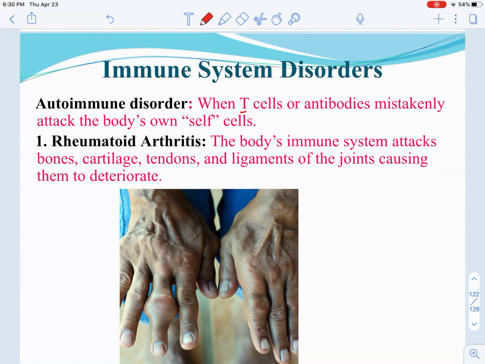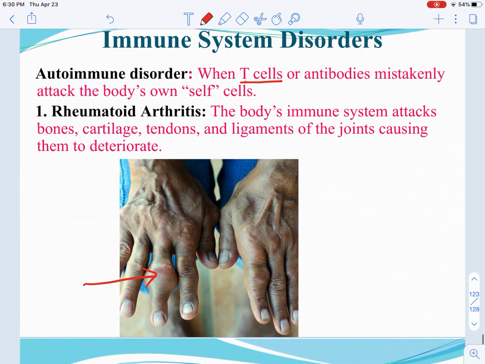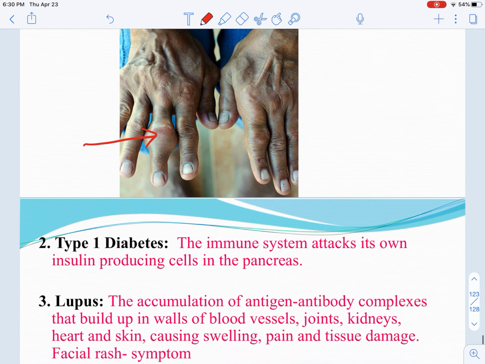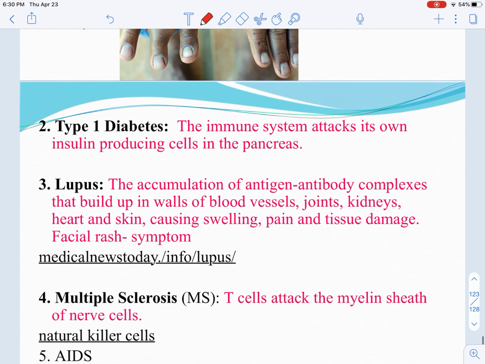So last portion here, we're going to move on to immune system disorders and wrap up our unit here. We've just got a few to talk about, and basically if you've got an immune system, like your killer T's or your antibodies, that affect or attack your own healthy cells, that would be called an autoimmune disorder. And rheumatoid arthritis is one of those autoimmune disorders where your ligaments or tendons or bones are being attacked by your immune system.